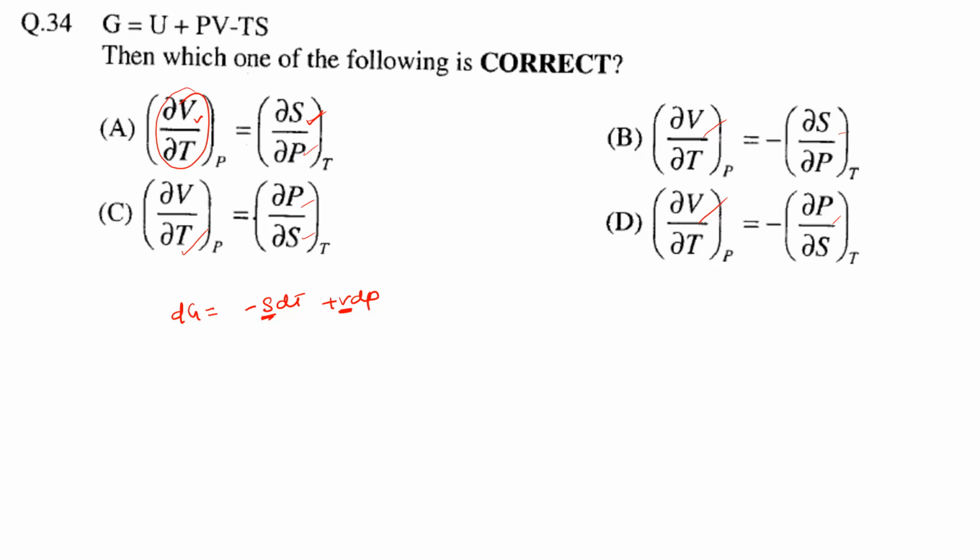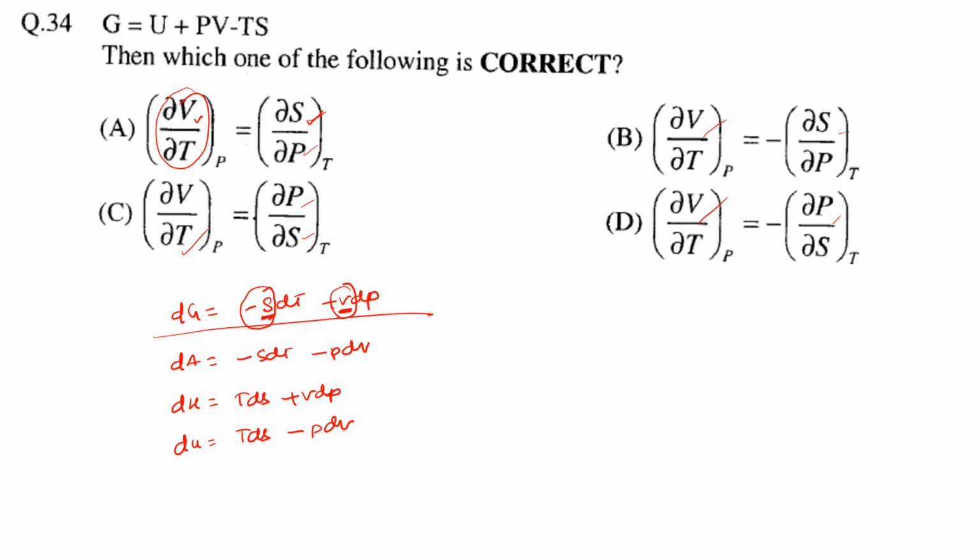Now if you look at some other Maxwell equations, then only you can understand. Okay, so let us see. This is for dA. For dH we can write TdS plus VdP. dU is equal to TdS minus PdV. Okay, now see here, this is your entropy and this is your volume.